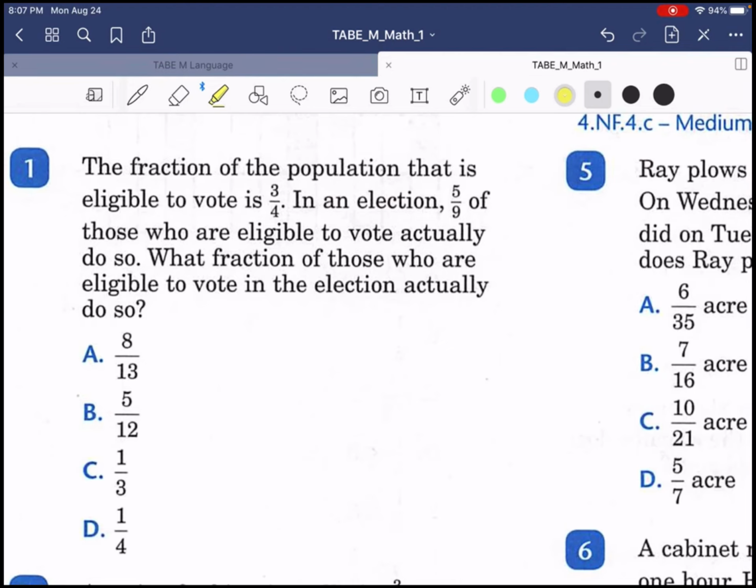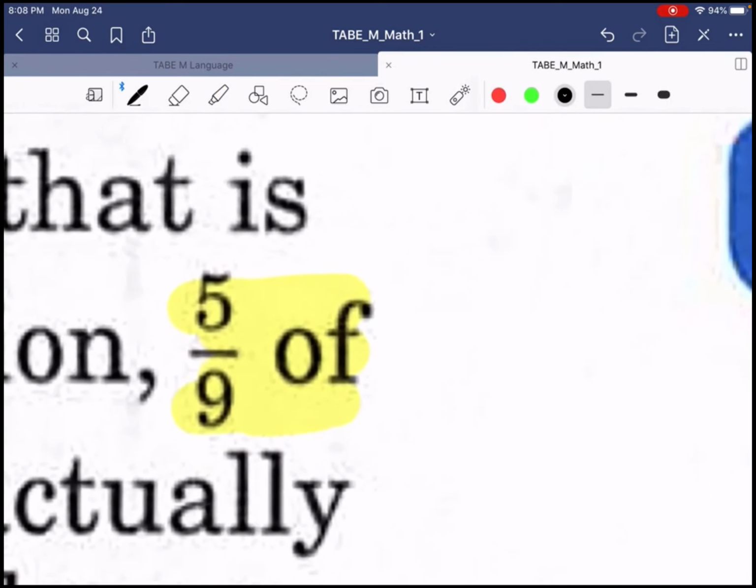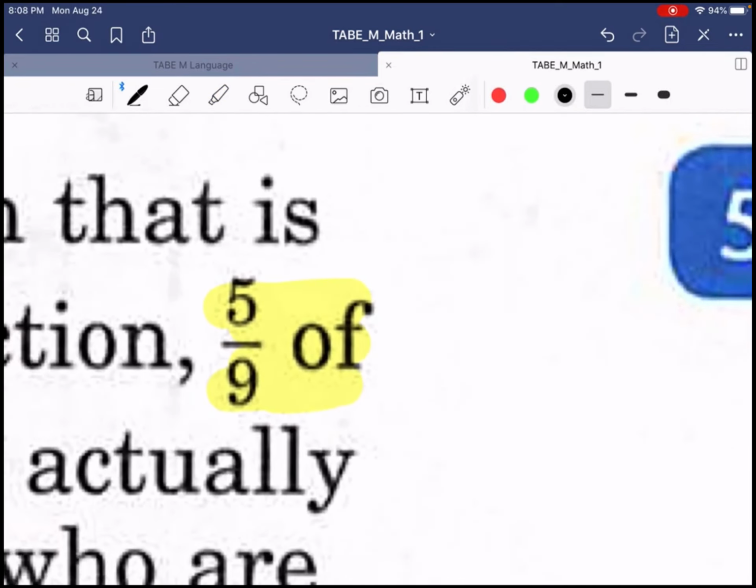Well, this problem has a clue right there, 5/9 of, and that clue means to multiply. When you have a fraction and the word of side by side, most always you're going to be doing multiplication. So here's the key word to look for.